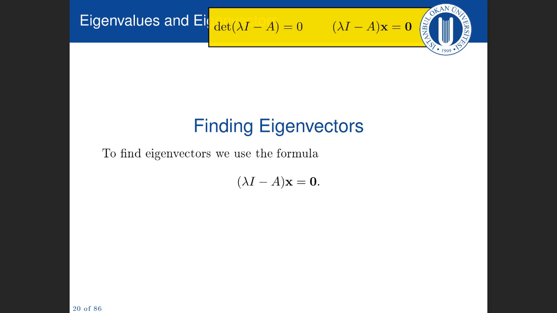The left formula is for eigenvalues, and the right formula is for eigenvectors. And there's two different zeros here. In the first equation, the equation for eigenvalues, we have equal to the number 0. In the second equation in the yellow box, the equation for eigenvectors, we have the 0 vector.